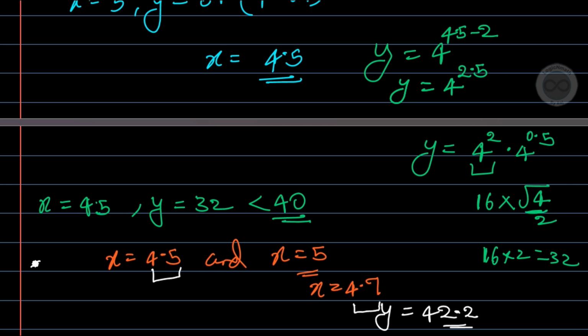And if options are given in an Olympiad, now we can figure out our answer. And our actual answer was 4.66 something, which is between 4.5 and 4.7. It means we are correct, and we are very close to our answer using graphical and numerical reasoning.